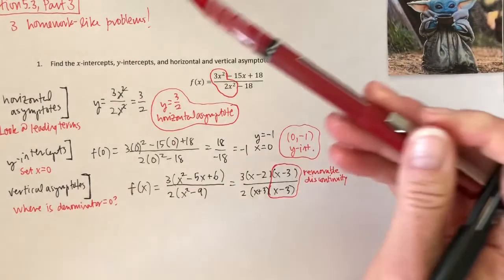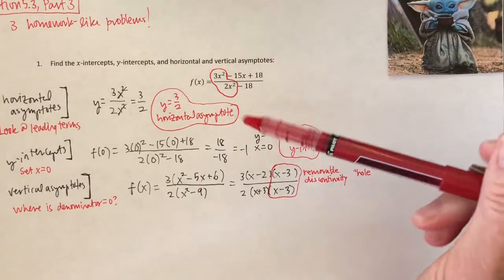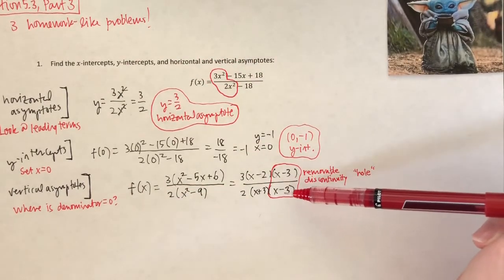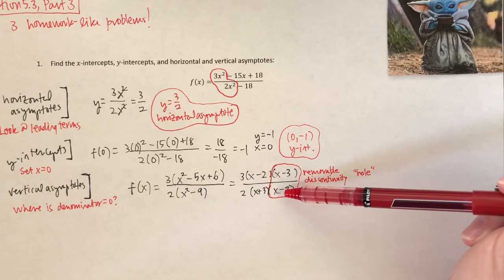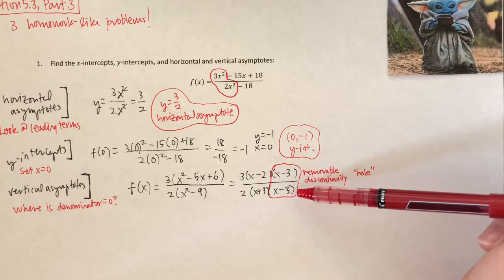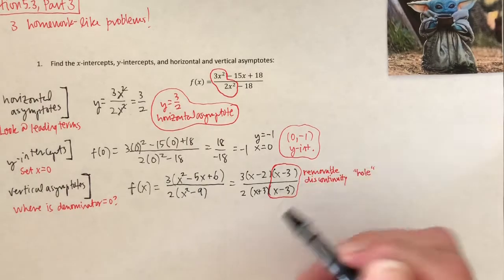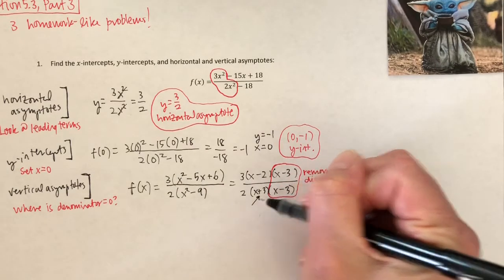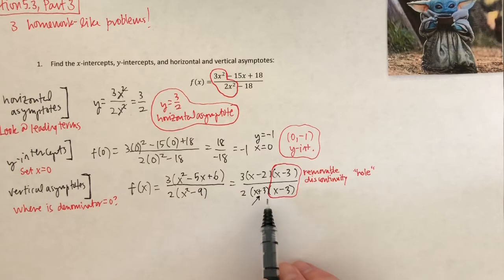And they don't ask about those, so we just kind of leave that alone. This will not be allowed in the domain. You know, x could not equal 3, but it's not a vertical asymptote. This guy, however, has no one to cancel with. He's going to stick around for the long haul.